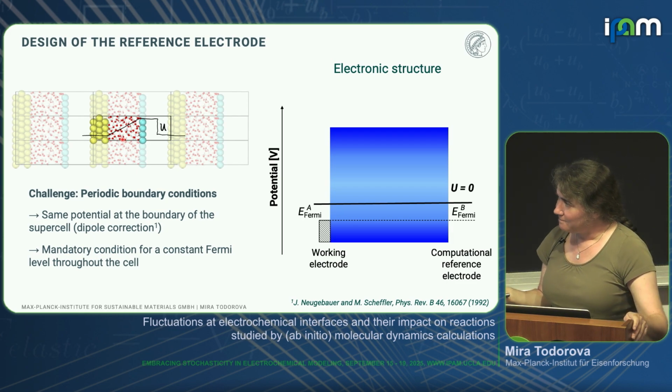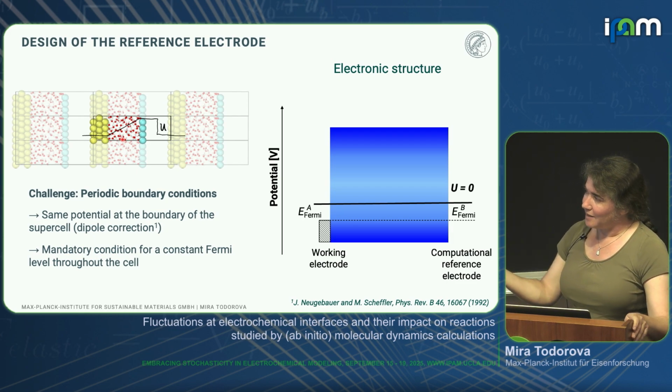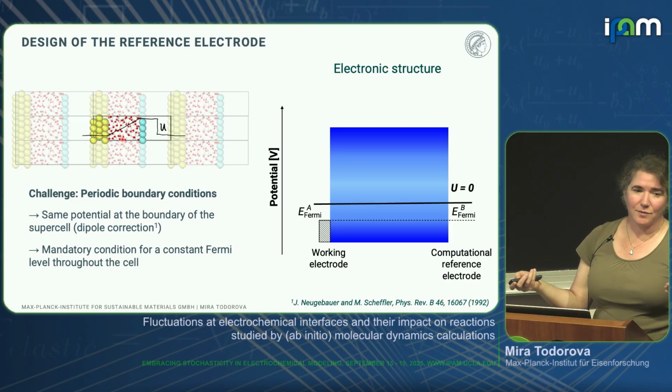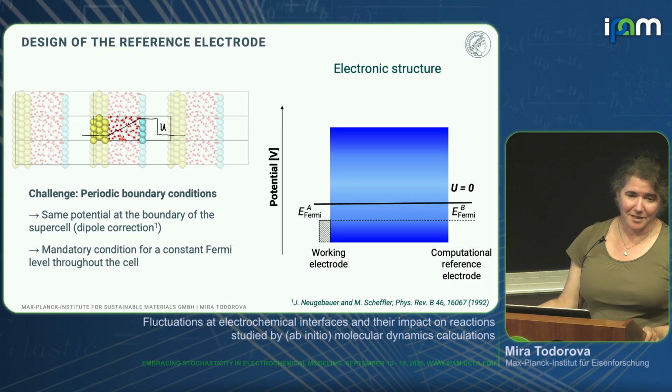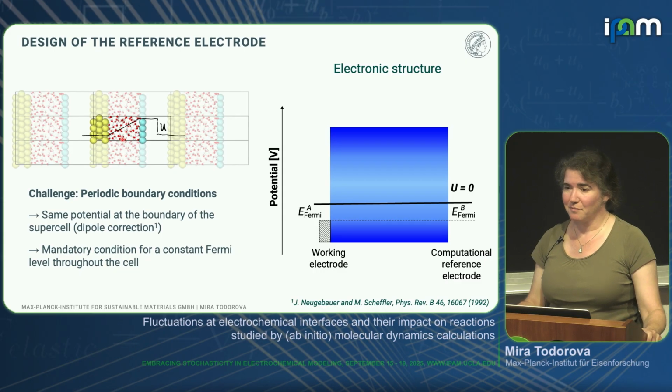And in DFT, we generally underestimate the band gap with conventional functionals. So for something like gallium nitride, which we tried, which has a big band gap, it was pushed down quite a lot.